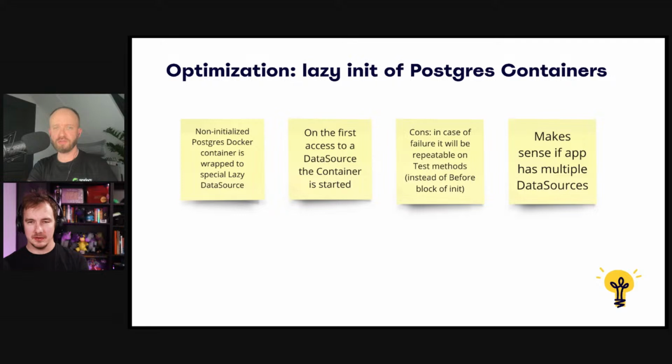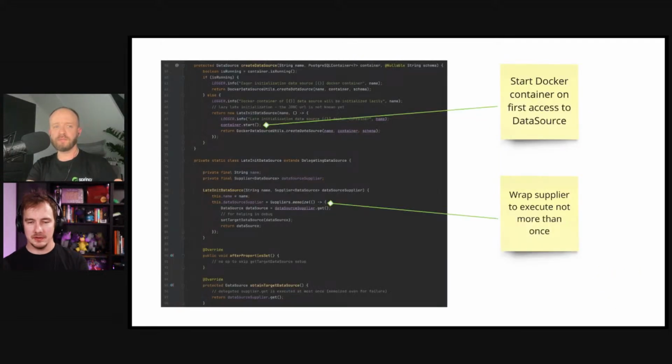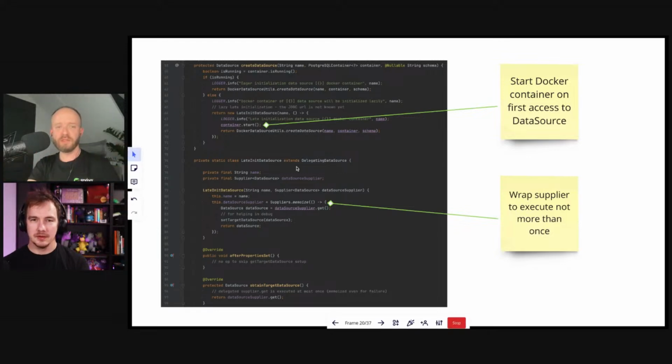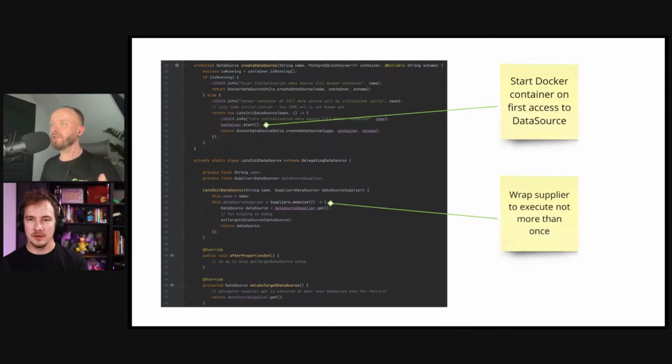So I'll show it. There is one pager. In a few words, instead of wrapping as is, we will use Spring's delegating data source that will do it on demand. What does it mean? The data source object is created and exposed as a bean, but actually under it there is no active container.